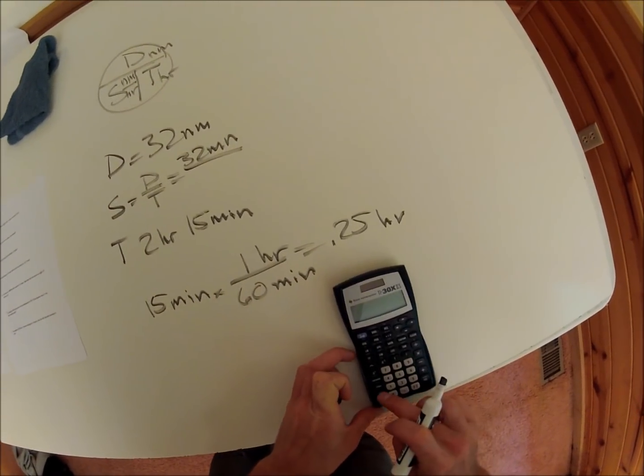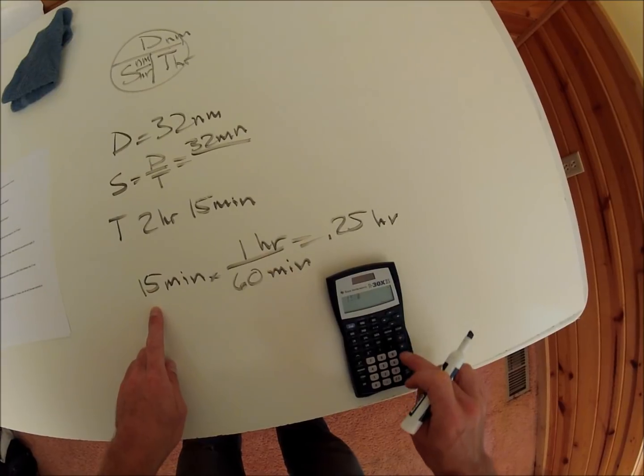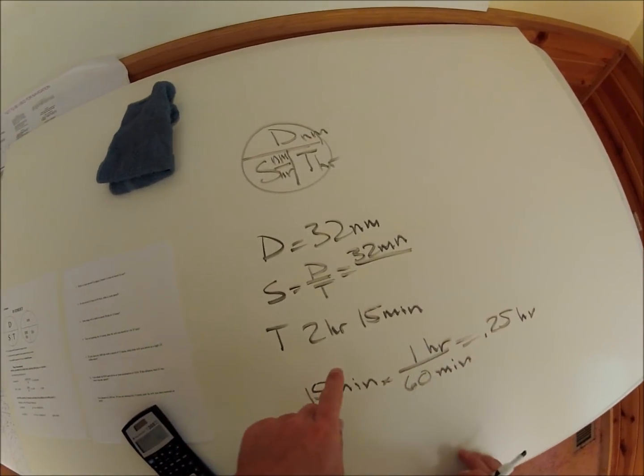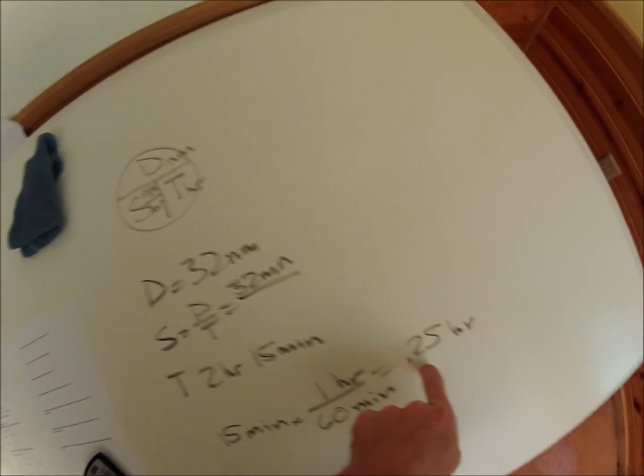To do it on a calculator, we would just say 15 divided by 60 equals 0.25 hours. So 2 hours and 15 minutes becomes 2.25 hours.